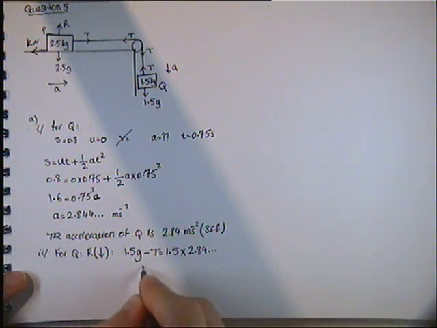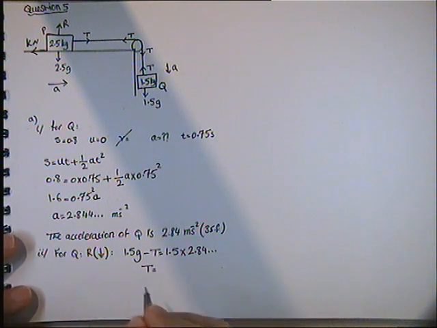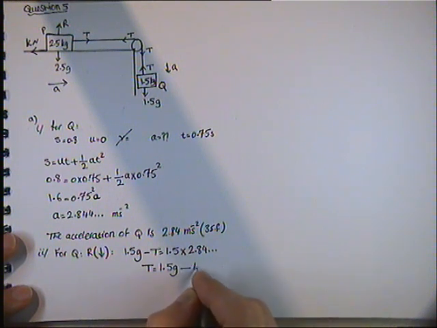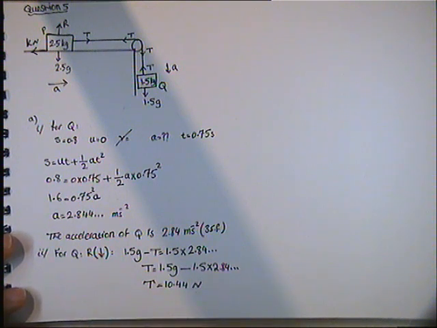Simplifying this, we should be able to get T equals 1.5 G minus 1.5 times 2.84, and finally T equals 10.44 Newton.